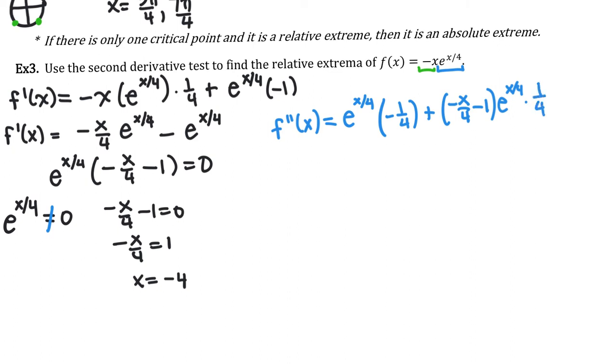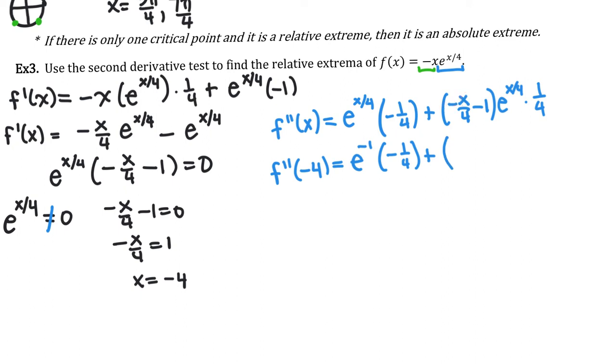Okay, now the only critical number was negative 4. So my question is, do I simplify this first or just plug it in? Let's just plug it in and see what happens. So the second derivative at negative 4. So that's going to be e to the negative 4 divided by 4 is negative 1 times negative 1/4 plus, so that's going to be negative 4.